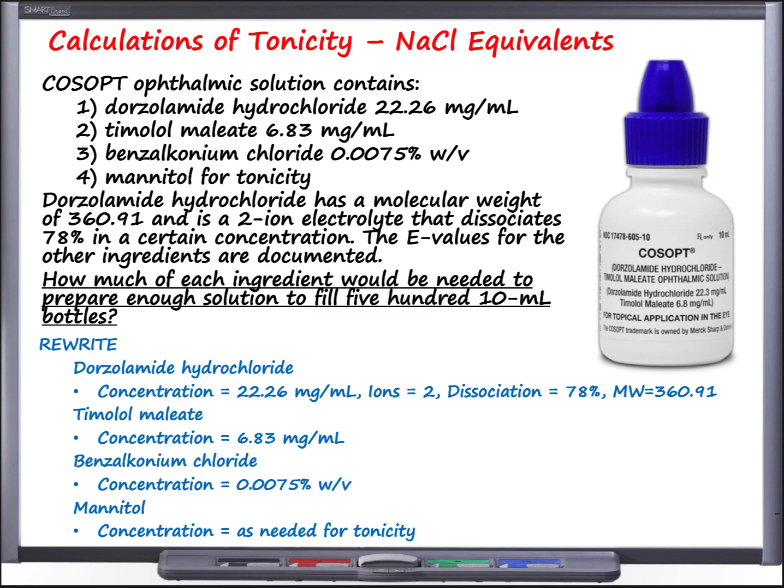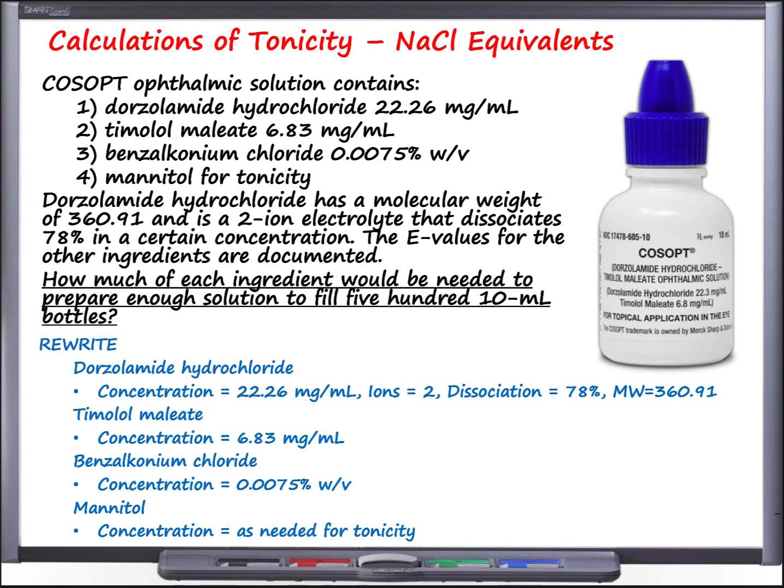Therefore, this E value, this equivalent value for sodium chloride, for many drugs has been determined and published, but it's defined as the grams of sodium chloride equivalent to 1 gram of drug. So if you were given an E value of 0.5, that would mean 0.5 grams of sodium chloride per gram of drug.